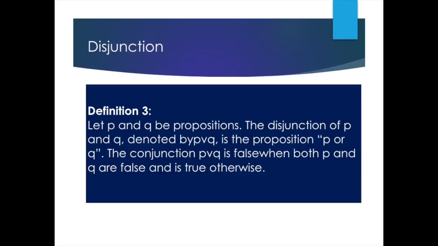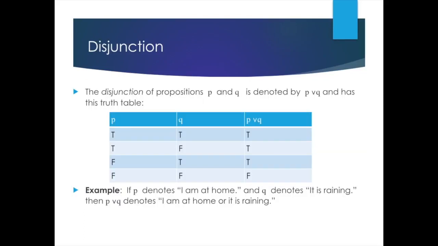Here the case is different from and. In OR, we get a true outcome once we have only a single true value in the truth table. So true or true is always true. True or false is always true. False or true is always true. False or false is always false.